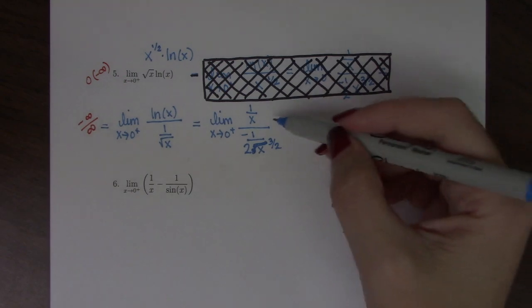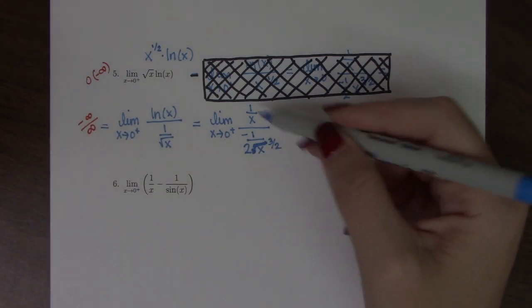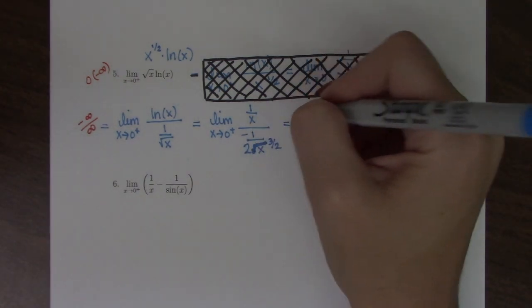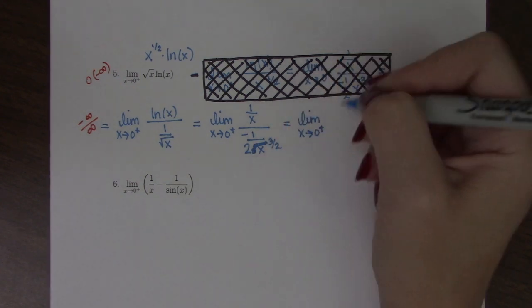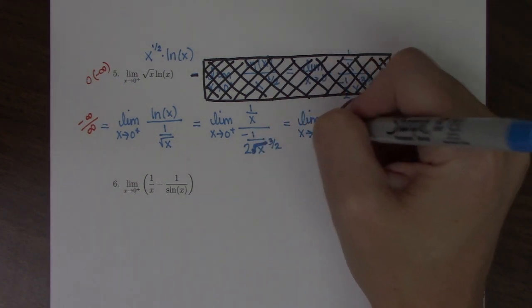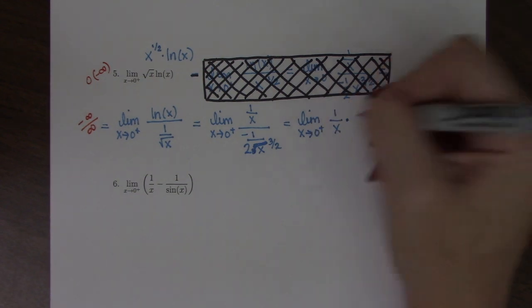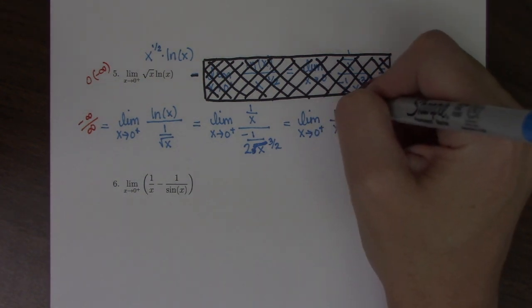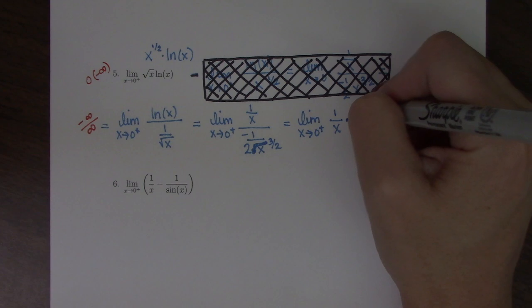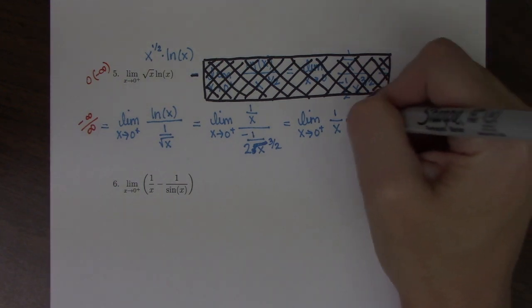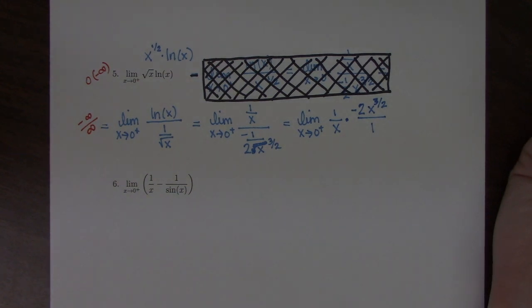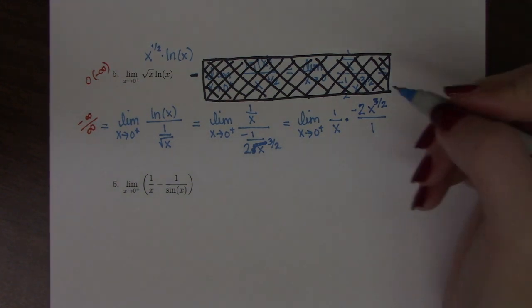So now I'm going to divide these fractions, because I still can't really tell if this will simplify. If I divide the first fraction by the second fraction, I get 1 over x times the reciprocal of the one on the bottom, so that's negative 2 times x to the 3/2 over 1.